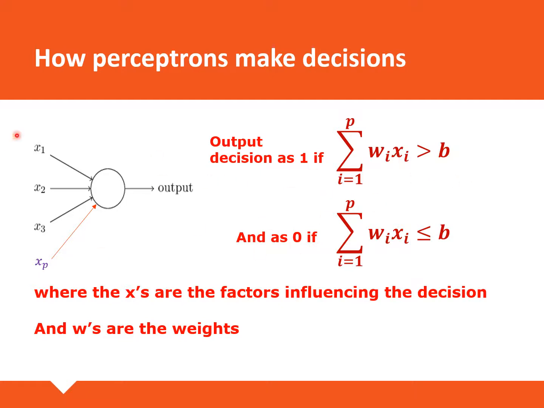So if there are p factors or p features from where the information is being fed in, then they are combined in this way by a weighted linear combination and then compared with a threshold, and depending on the comparison result, whether or not this combination is bigger than the threshold b or less than the threshold b, the output decision is arrived at.